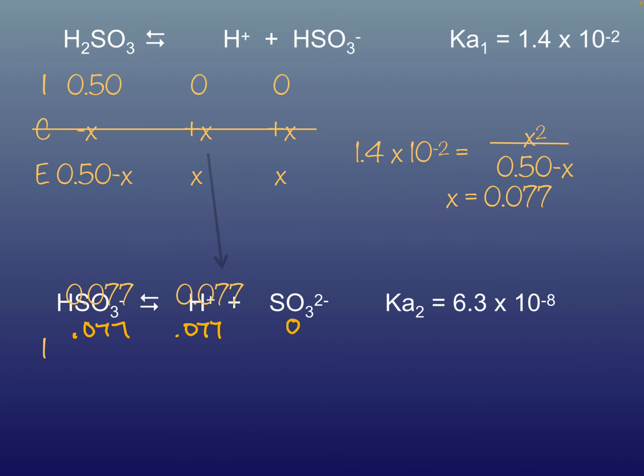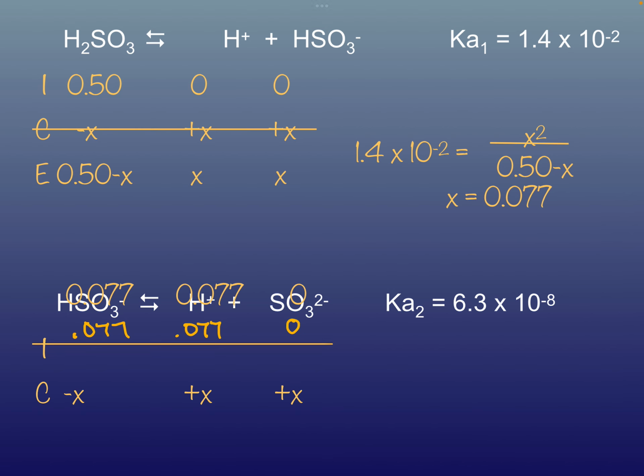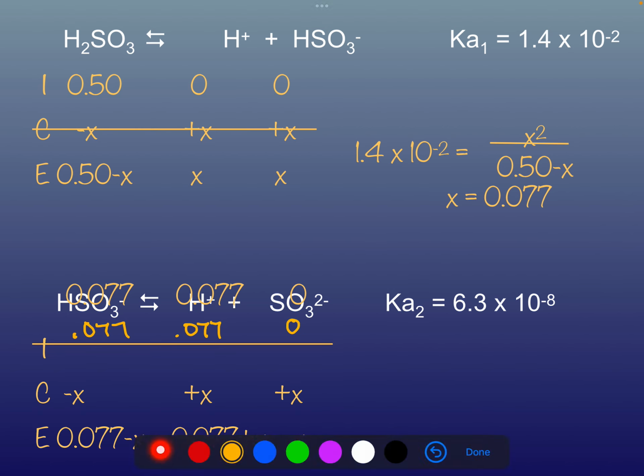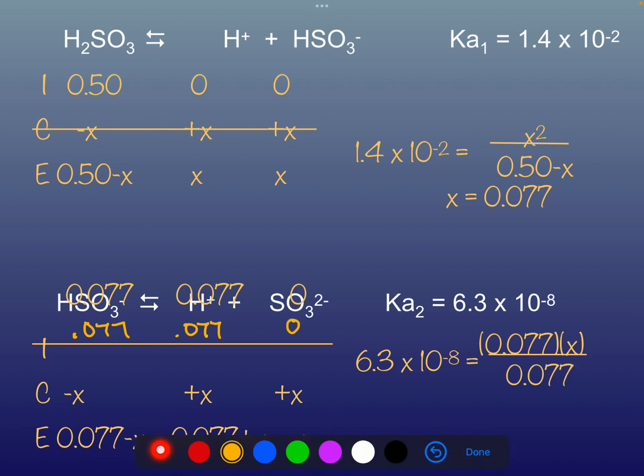And then it can still subtract by X on the reactant side, increase by X on the product side. And whenever that plugs into the Ka equation for the second one, we would get that X for the second reaction is much smaller.